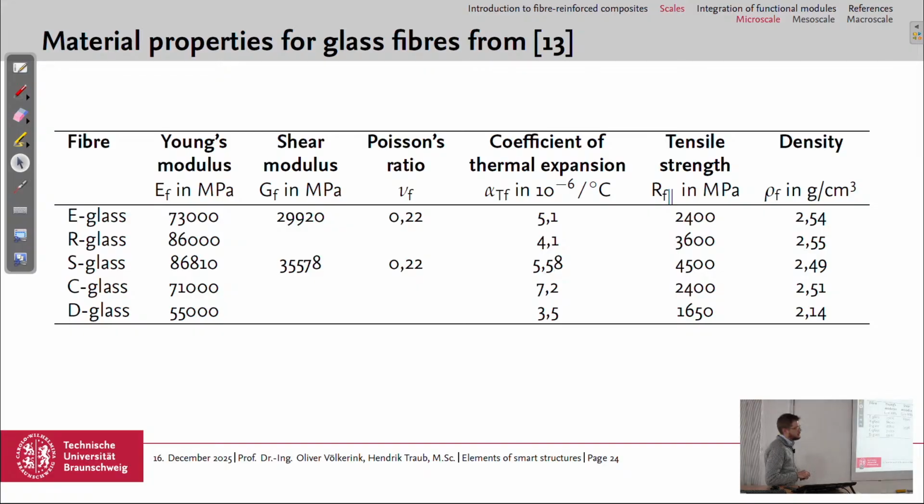If we look at the material properties, there are some different glass materials, all glass fibers but different types. They are between 55 and 86 gigapascals Young's modulus of the fiber, a Poisson's ratio of 0.22, tensile strengths between 1,650 and 4,500 megapascals, and densities around 2.5.